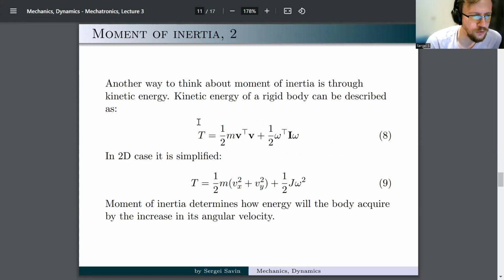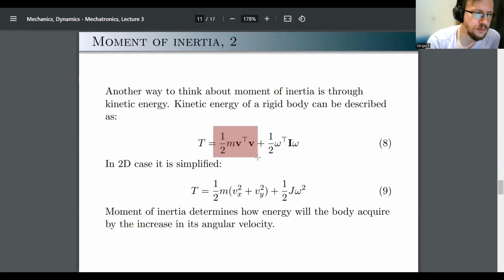Now, another way to think about moment of inertia is through kinetic energy. Kinetic energy in the 3D case looks like this. You have mass times the inner product of velocity with itself, and that's for a rigid body, plus angular velocity times itself, but with respect to the moment of inertia. Or another way, angular velocity in a product with inertia times angular velocity, a weighted dot product.